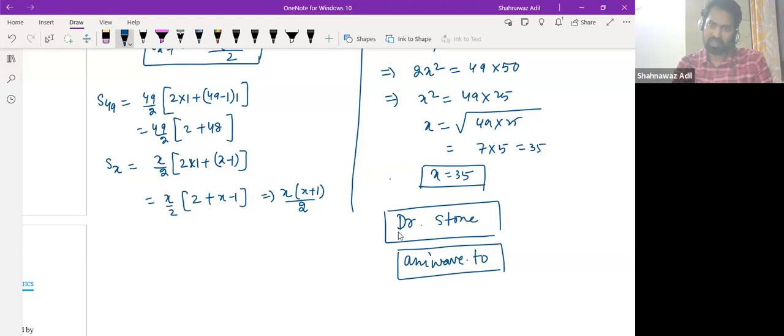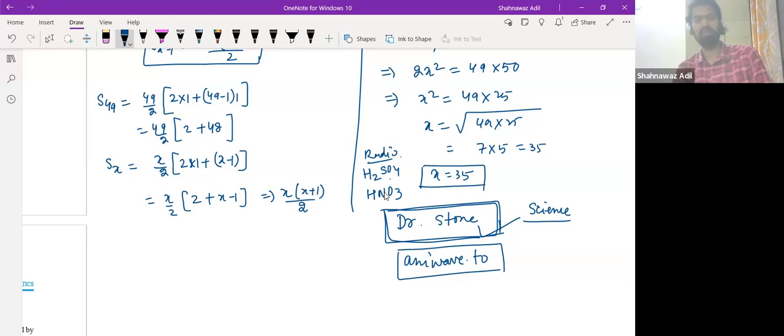I'm suggesting this because you will love science. When you see this one, you will know the importance of H2SO4, of HNO3, of the radio, of the transistor, of generators, all these things.